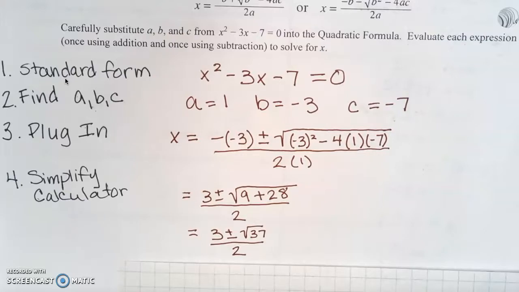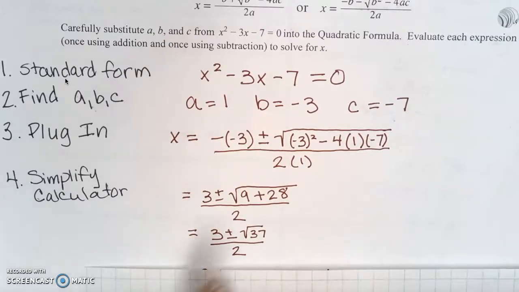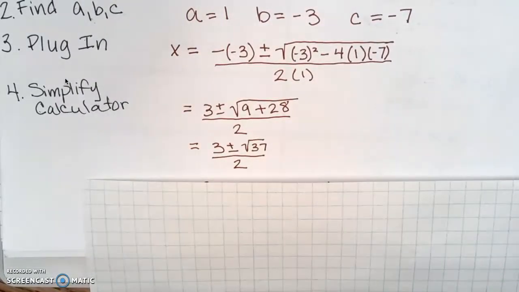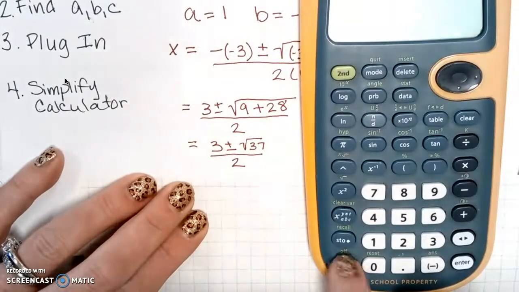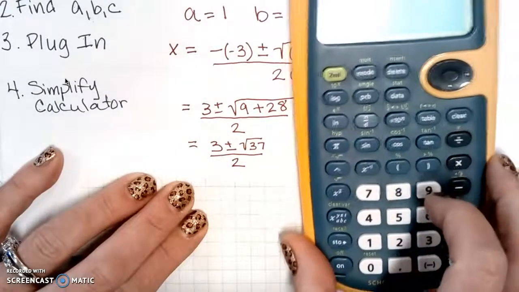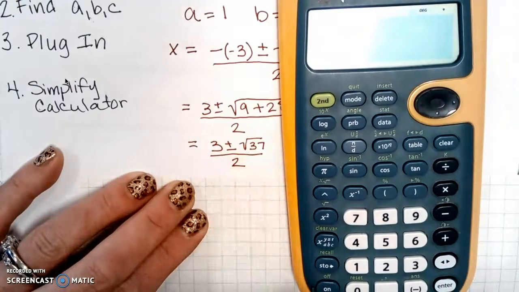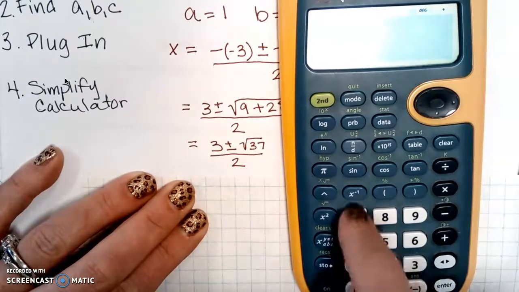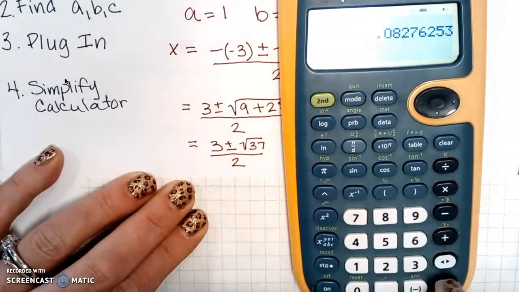And then we're going to calculate this two separate ways. We're going to calculate it once with plus, and then we're going to calculate it again with minus. So let me show you on the calculator how to do it both ways. Can you guys see the calculator? Yes. Okay. So we're going to do 3 plus the square root of 37. Hit the equals. Then we need to divide it by 2. Hit the equals again.